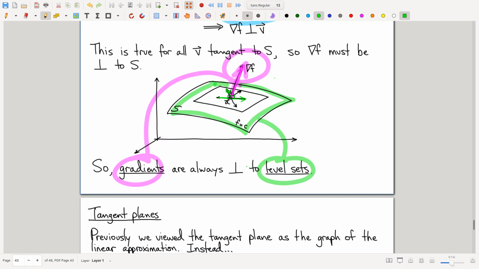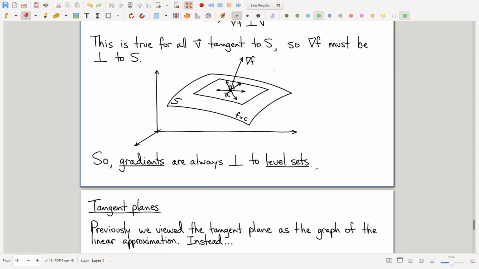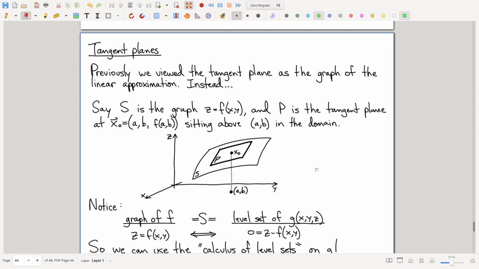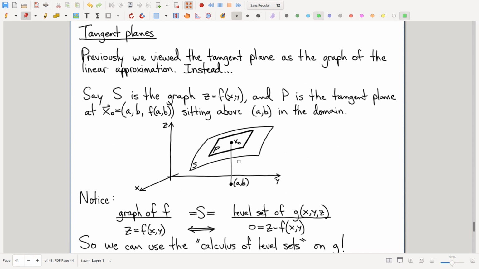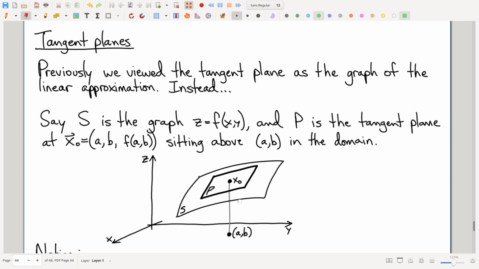Okay. All right. So let me show you an example of where this is useful. This is something we've already talked about, but we talked about it from a different point of view. We talked about how if you have a tangent plane, here's my original surface. This surface is a graph of a function f. And if you want to find the equation of the tangent plane, well, we know how to do that.